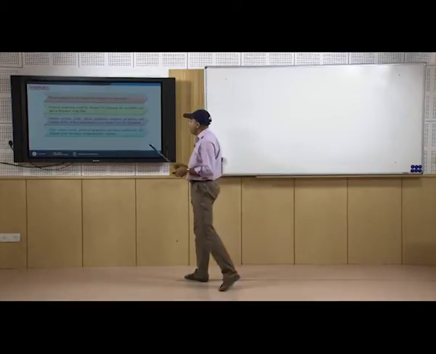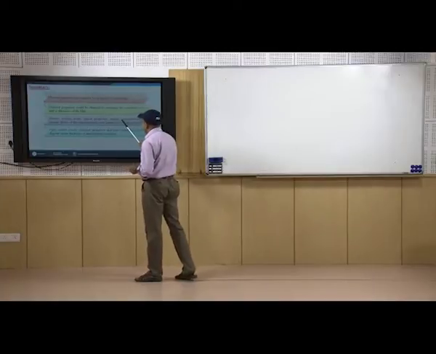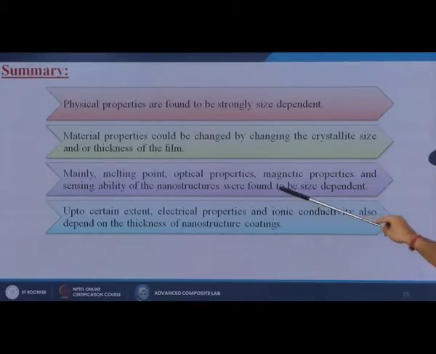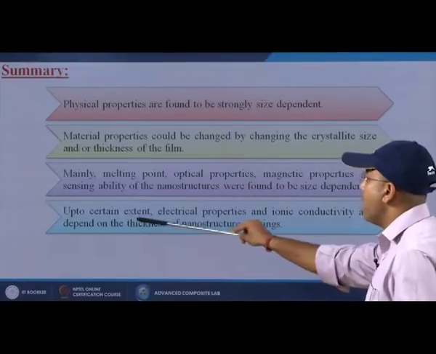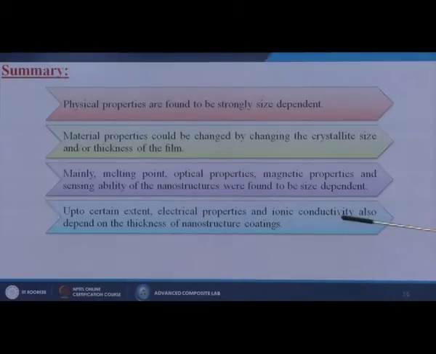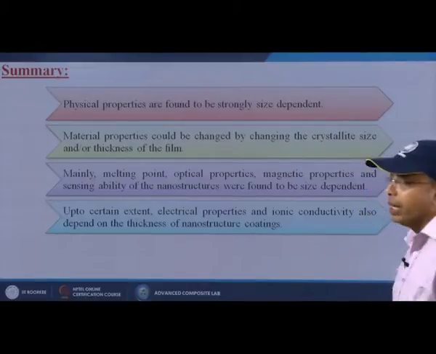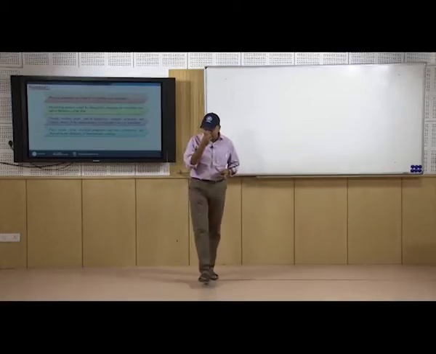Mainly melting point, optical properties, magnetic properties, and sensing ability of the nanostructures were found to be size dependent. In this lecture, up to a certain extent, electrical properties and ionic conductivity also depend on the thickness of nanostructure coatings.